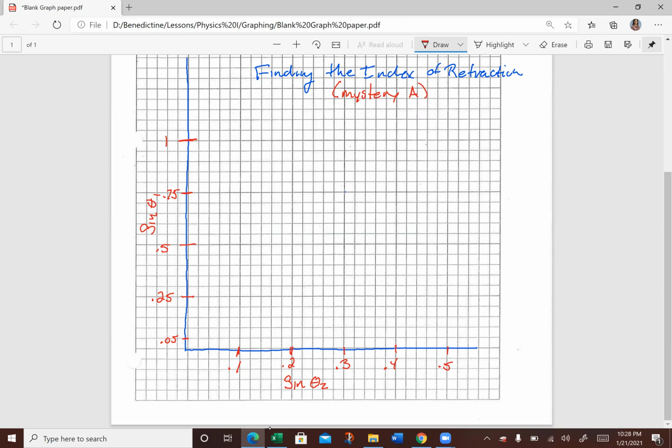If I divide 0.1 by 5, each one of these is worth 0.02. So that means this is 0.12, 0.14, 0.16, 0.18, 0.2, 0.22, 0.24, 0.26, 0.28, and so on. So it allows me to really predict where these numbers are going to go on our axes.